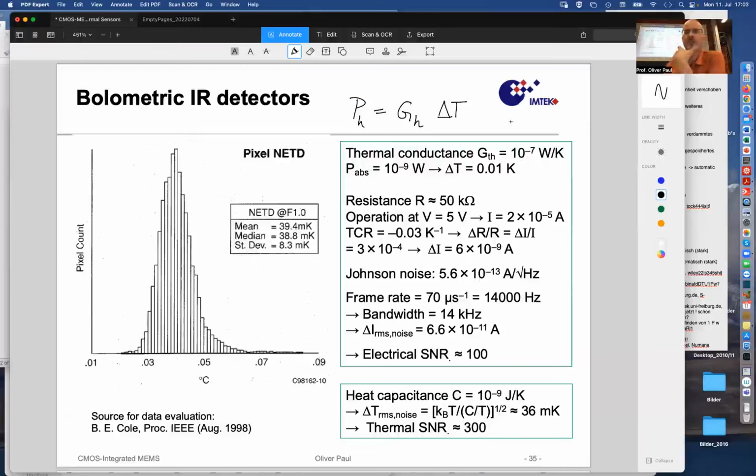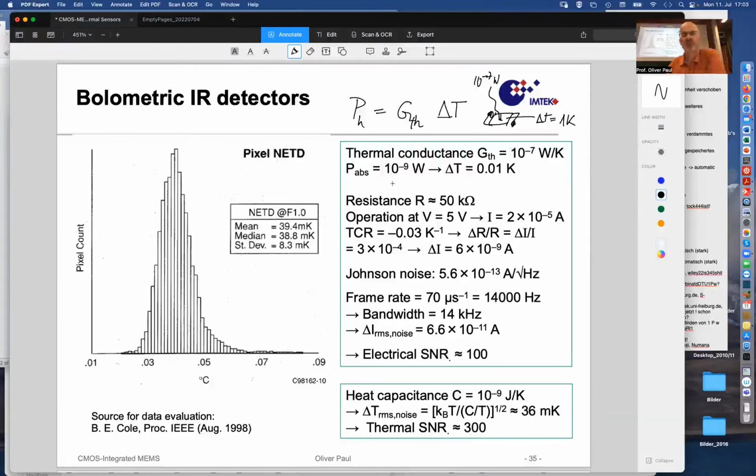So if a pixel, and one of those pixels here, with its suspension here, receives 10 to the minus 7 watt, the ensuing delta T will be 1 Kelvin. For 1 Kelvin, the power is going to be 10 to the minus 7 watt. 10 to the minus 7 watt per Kelvin is G_th, or G thermal, as it's called here.